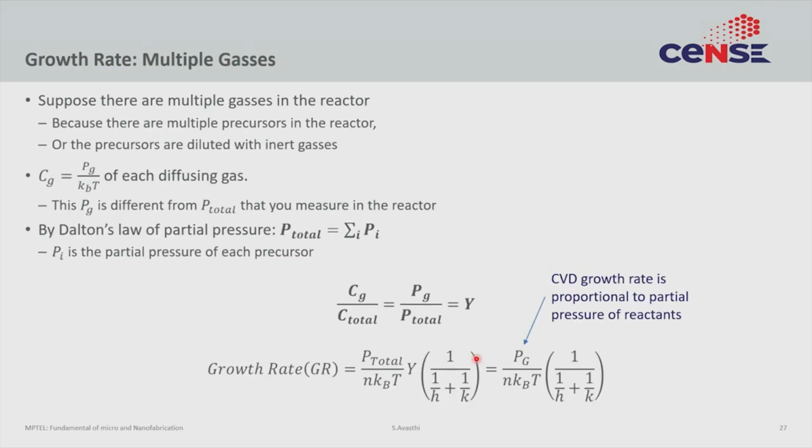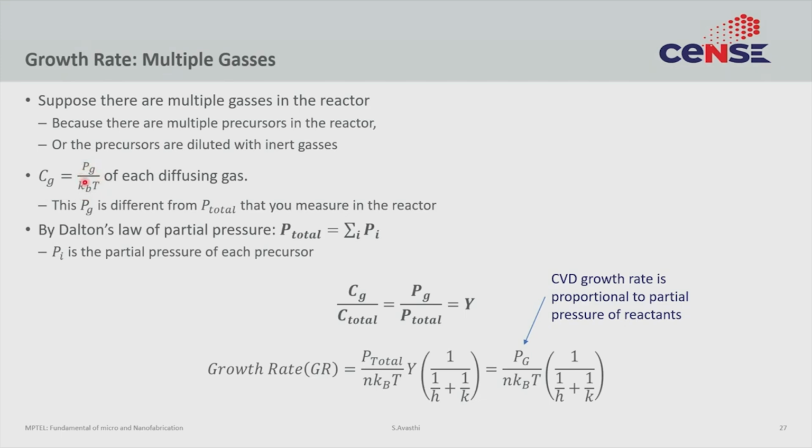Now, supposing you had multiple precursors and not one, things become a little more complicated. So, supposing you had multiple gases in the reactor, what must happen now is that you must talk of each individual component. So, the way this is mathematically handled is that the concentration Cg, which is the number of atoms per centimeter cube in the gas, can then be converted to pressure, because pressure is what we actually measure.